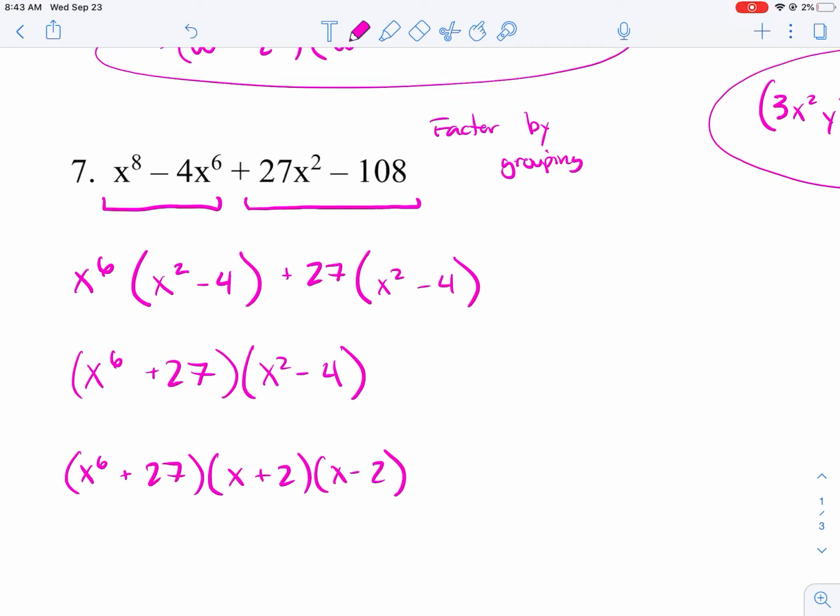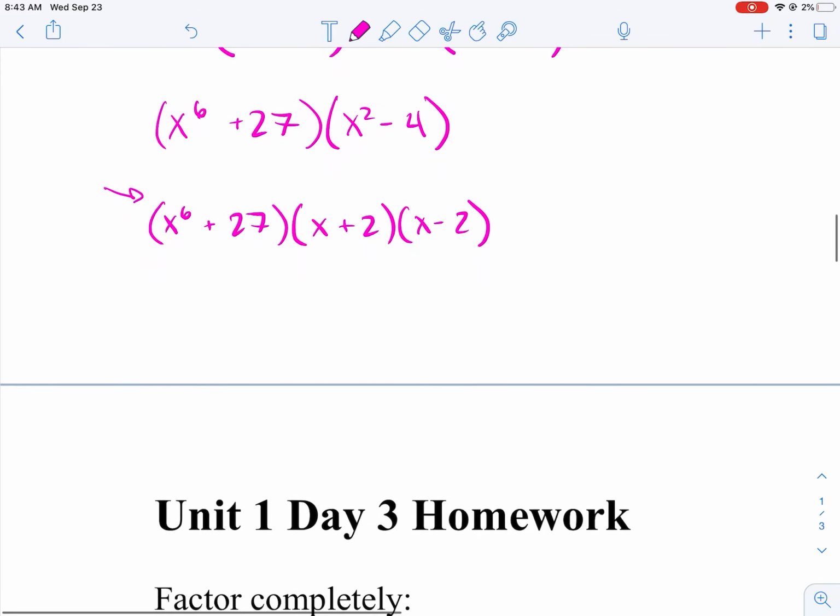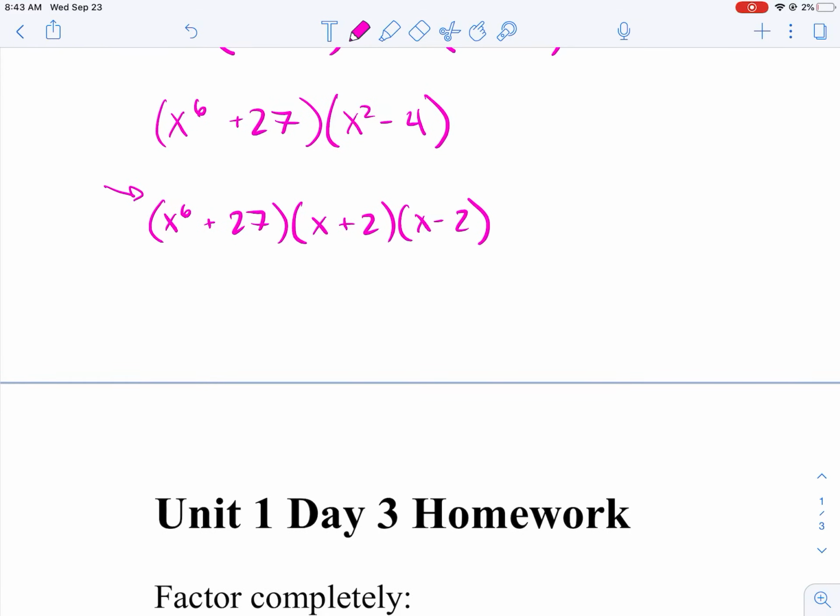Now this next one is going to be a sum of perfect cubes. So let me give myself some more space here. Don't forget x squared raised to the third power is x to the 6th. So our a value is x squared, and I see a 27 there, so I know my b value is just 3.